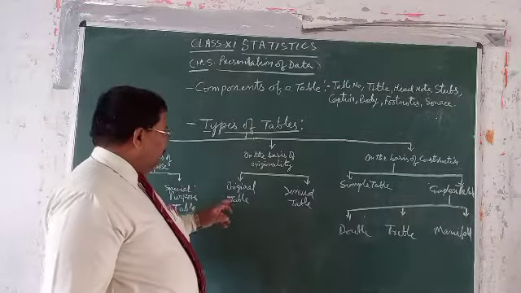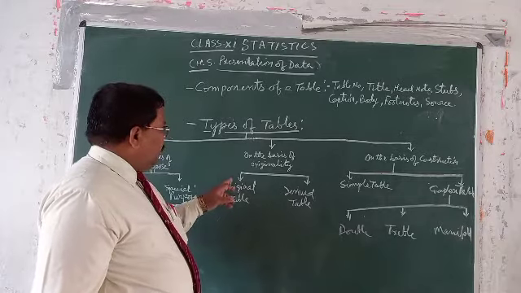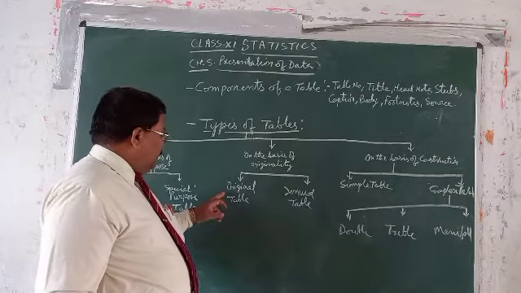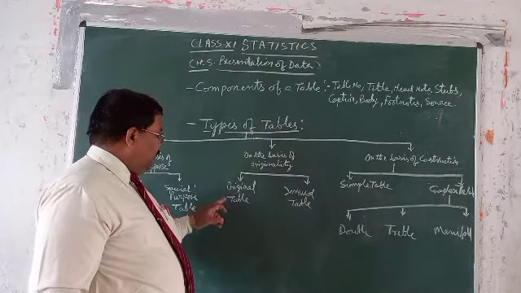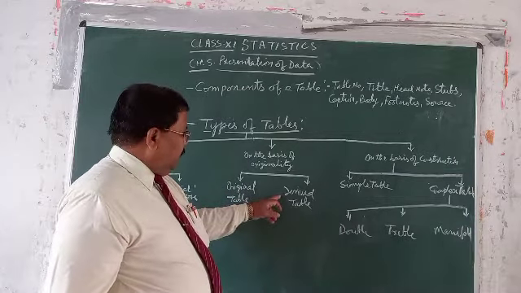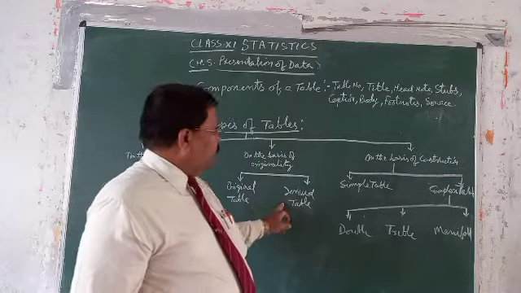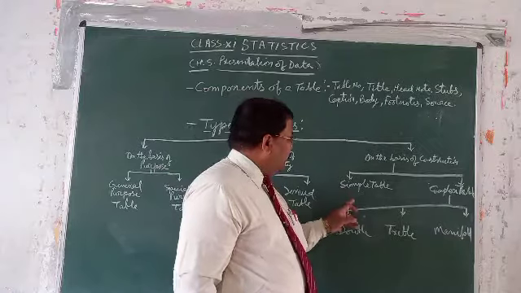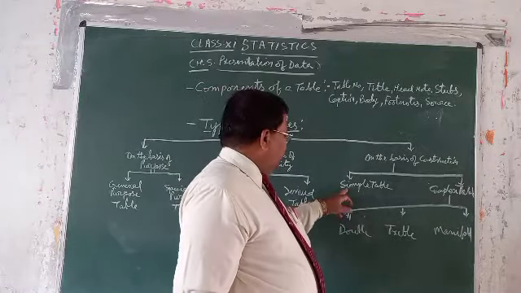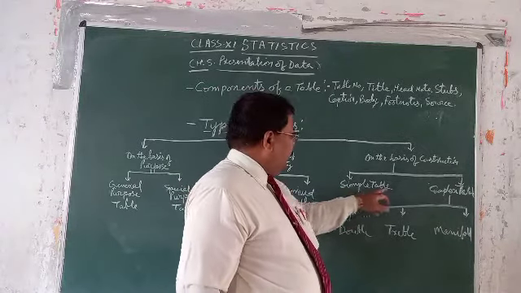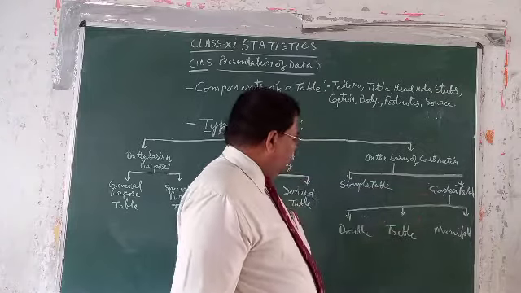On the basis of originality, it is also of two types, original table and derived table. And on the basis of construction, it is simple table and complex table.